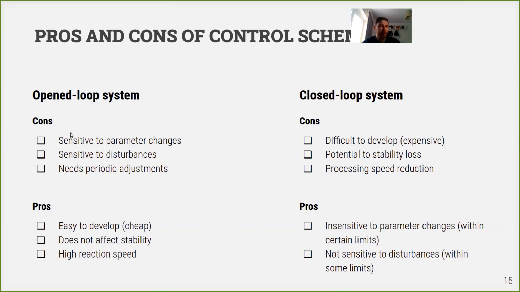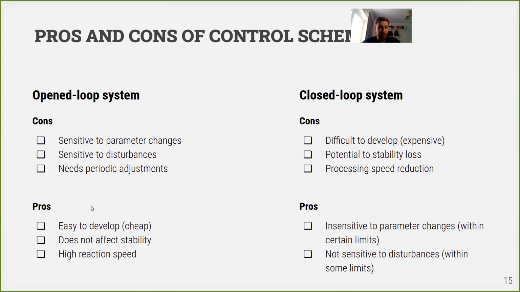So the system just becomes unstable. If the expected disturbances are big, we had better not use an open loop system. And of course, such a system needs periodic adjustments because the environment changes all the time. We cannot assume that the environment will be stable for a long period of time. That's why periodically we need to adjust the parameters of such a system.